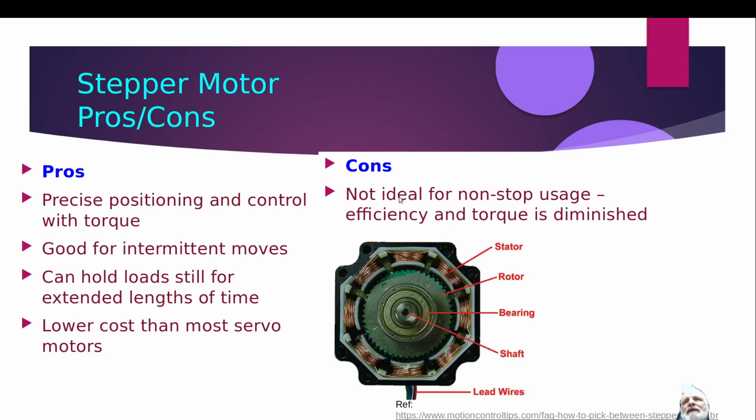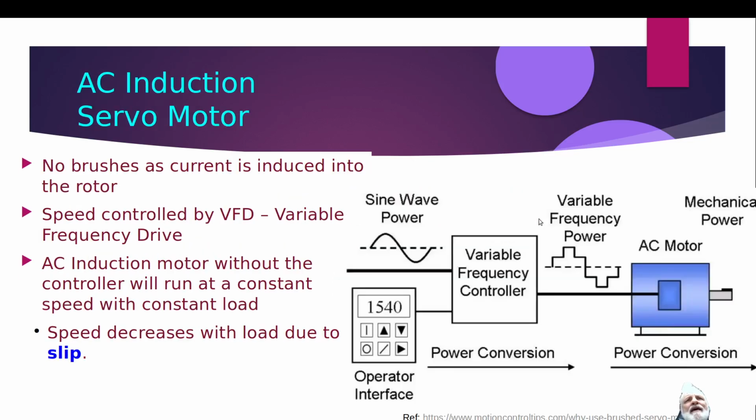But it's not ideal for non-stop usage, so they're not really designed to just go, go, go. They're designed to step and hold, then step and hold. You can make multiple steps, but then they're intended to stop for a little while and let them cool off.